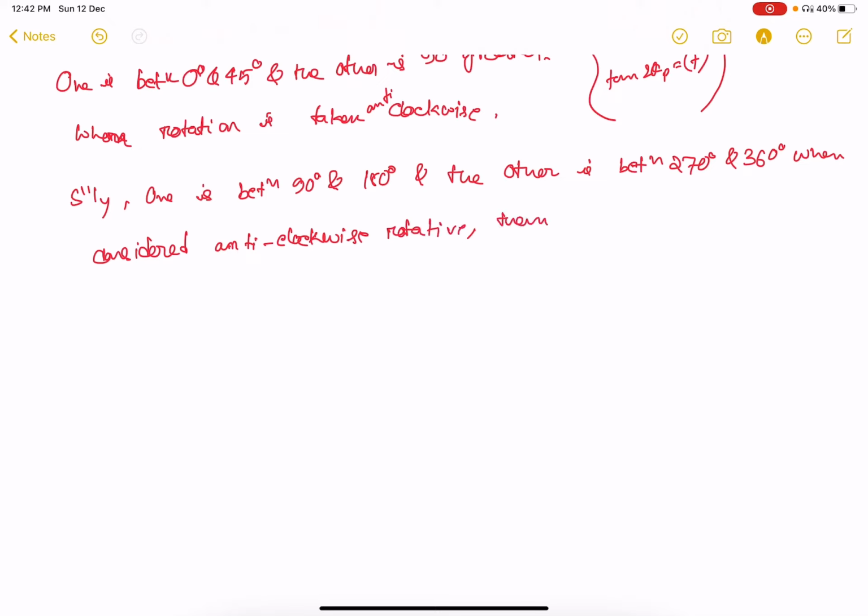Then 2θp is negative, and (sigma x minus sigma y) divided by 2 and tau xy are of different sign.